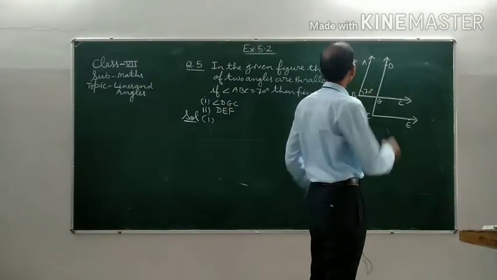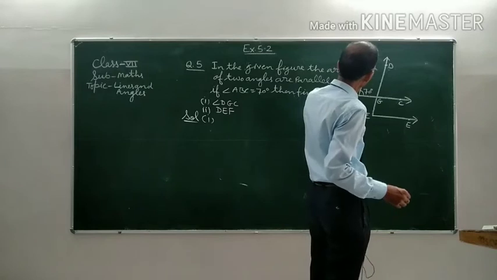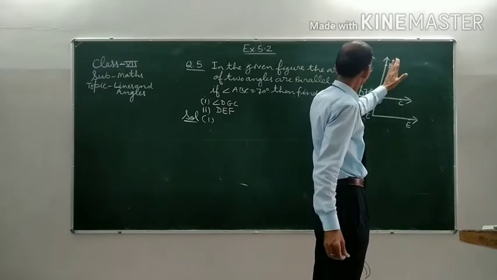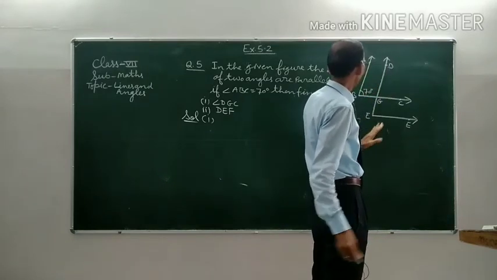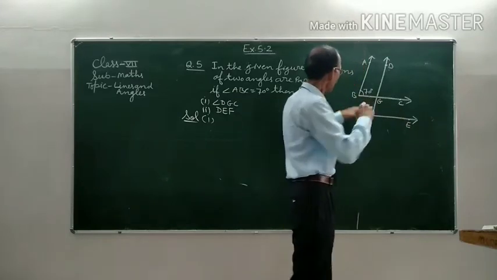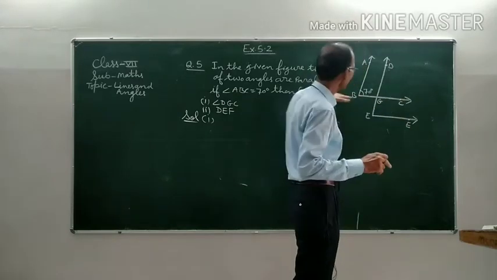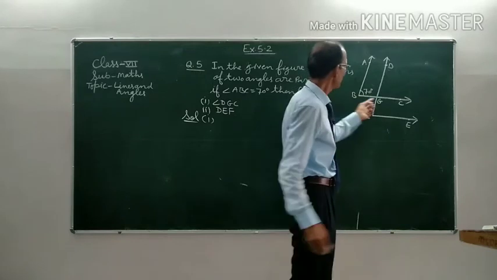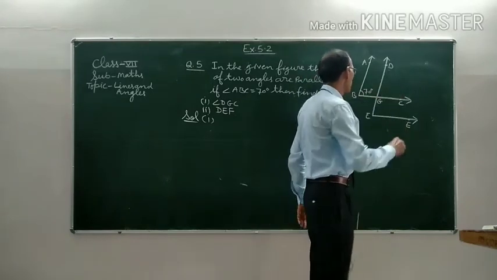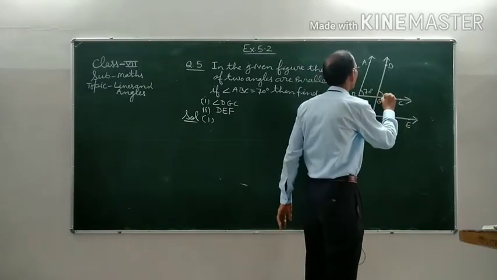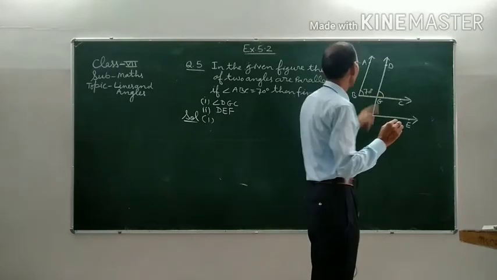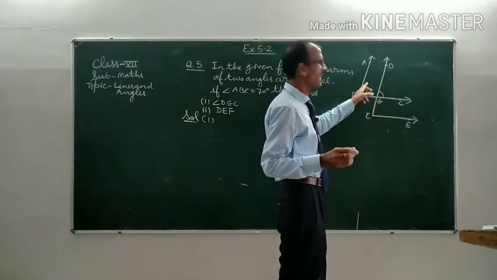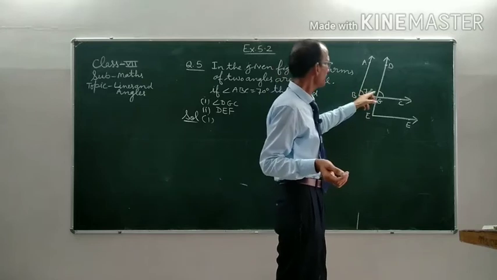See this question, AB parallel to D and BC, here BC acts as transversal. So this angle DGC and angle of 70 degree, which types of angles are these?